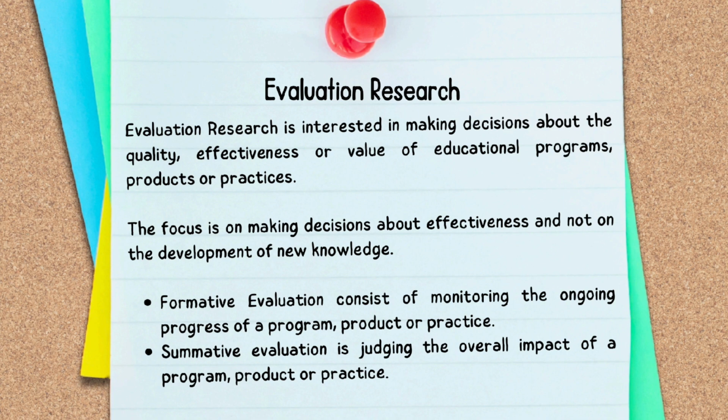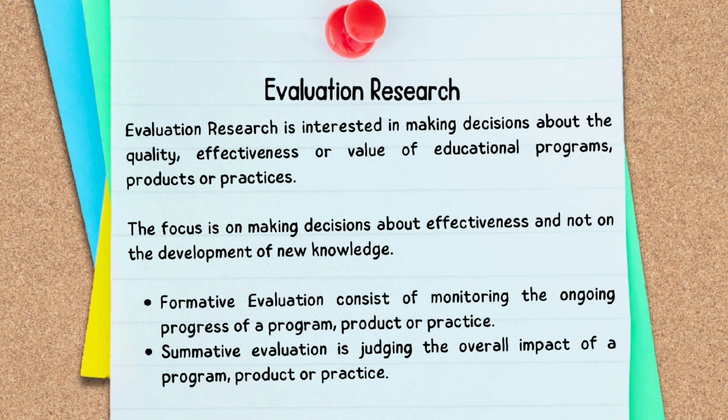There are 2 focuses of evaluation research. The first one is formative evaluation, which consists of monitoring the ongoing progress of a program, product, or practice. And second is summative evaluation, which is judging the overall impact of a program, product, or practice.